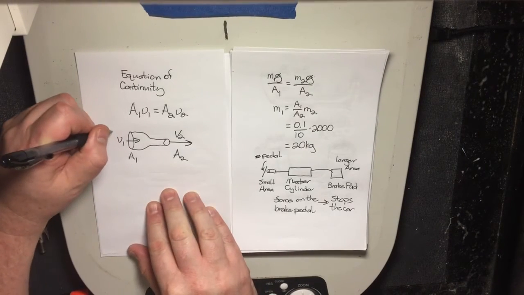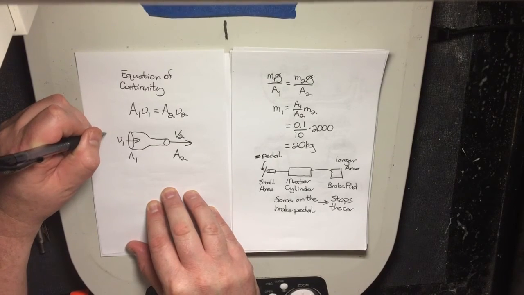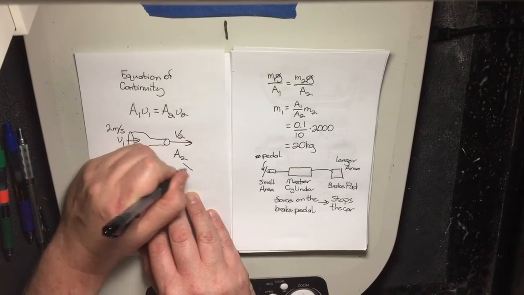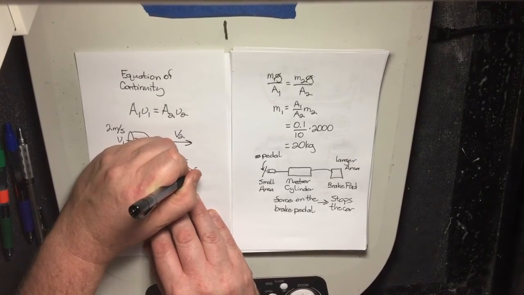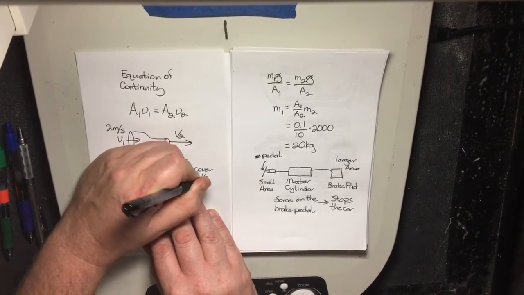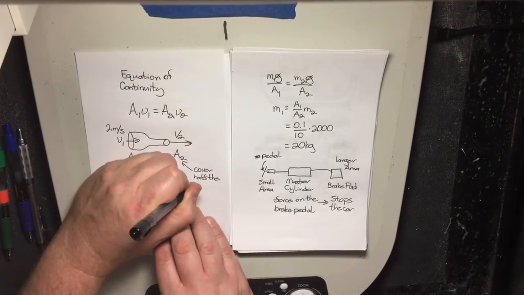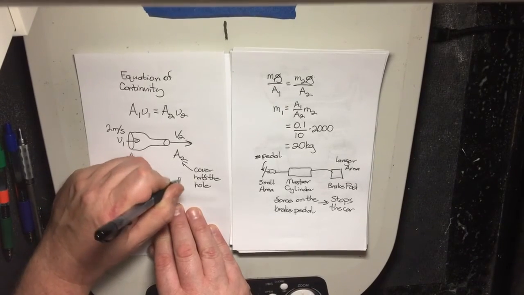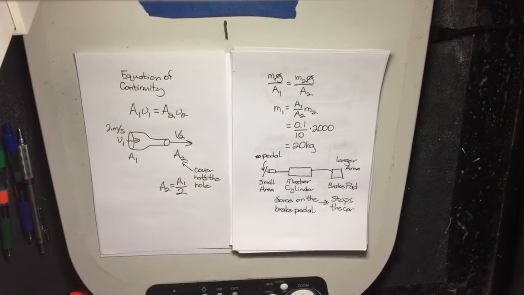If you had a velocity of 2 meters per second and you cover half the hole, A2 is equal to A1 divided by 2.